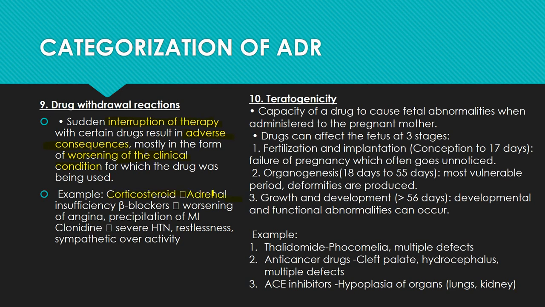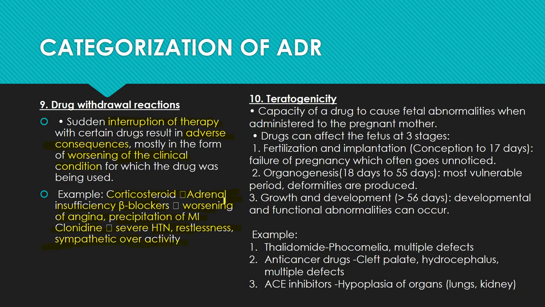So here I have cited some examples. Corticosteroid, that is the adrenal insufficiency; of beta blockers, worsening of angina. So now corticosteroid causing adrenal insufficiency. Next is beta blockers, which is causing worsening of angina. Then precipitation of MI, that is myocardial infarction, and clonidine causing severe HTN, restlessness and sympathetic overactivity.